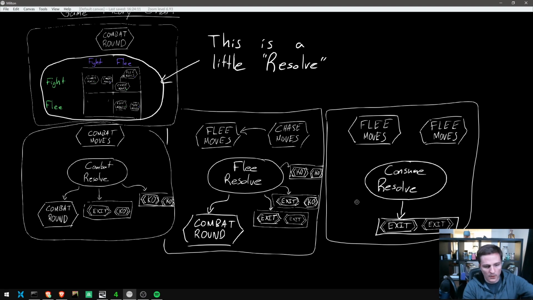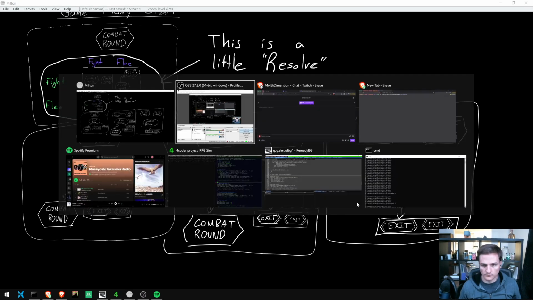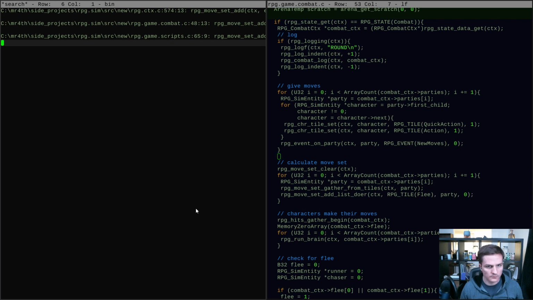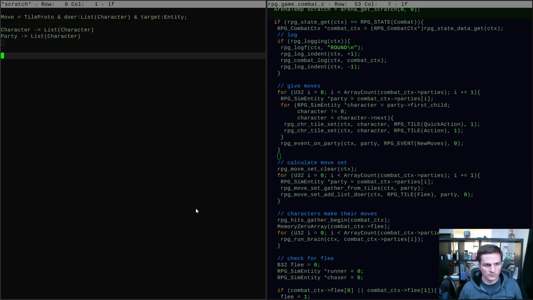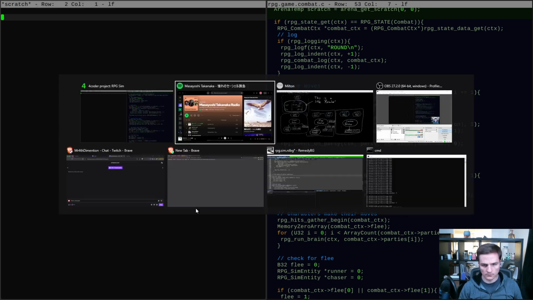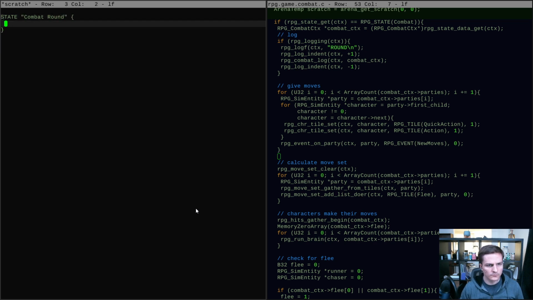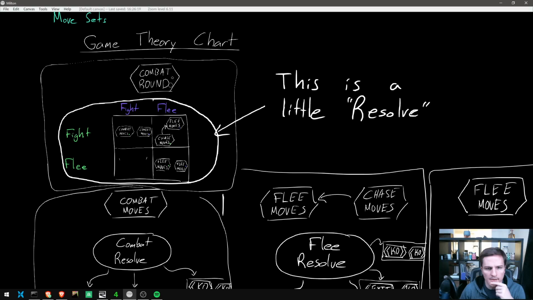Let me see what it would look like if I were going to do that in code. I'm just kind of sketching out ideas right here.